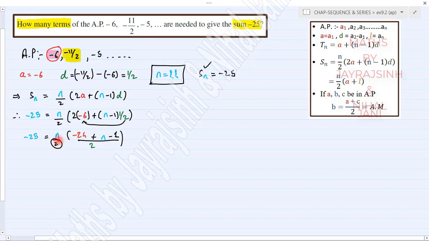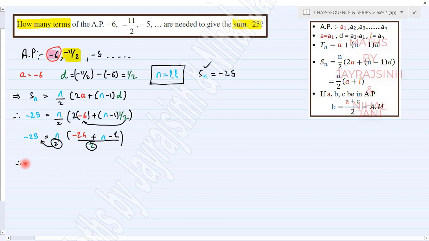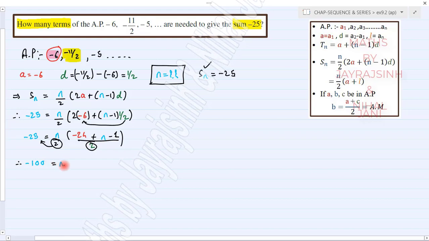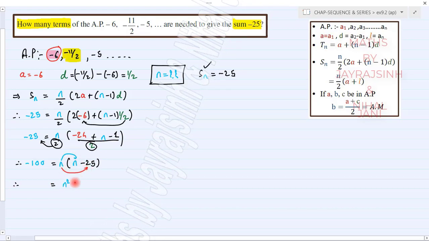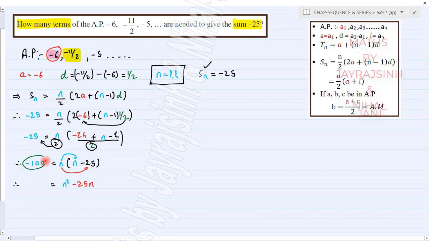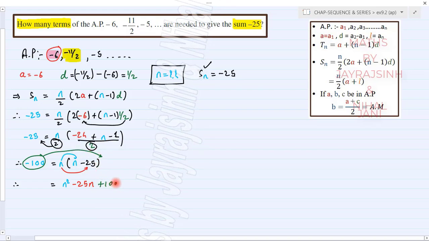Now these two 2s are 4, which should be moved on the left side, so we'll get minus 100 is equal to n into n minus 25. So it will become n square, and n into minus 25 will be minus 25n, and just move this minus 100 on the right hand side, we'll get plus 100.